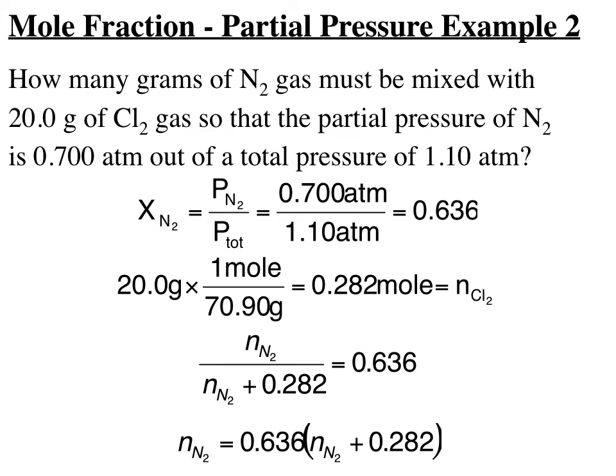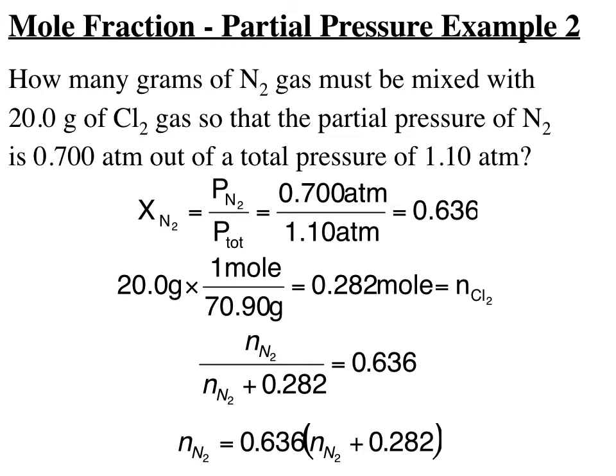Let's look at another example relating mole fraction and partial pressures. How many grams of N2 gas must be mixed with 20 grams of Cl2 gas so that the partial pressure of N2 is 0.7 atmospheres out of the total pressure of 1.1 atmospheres?